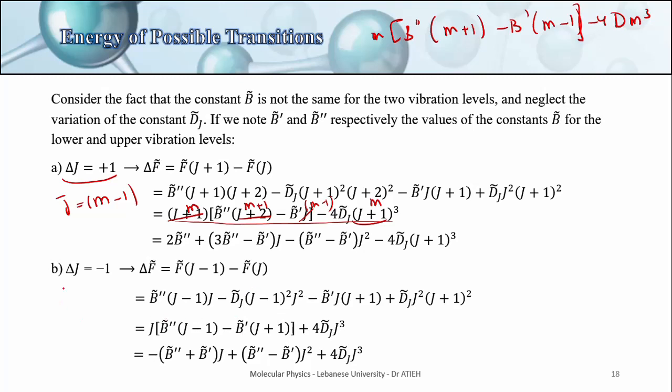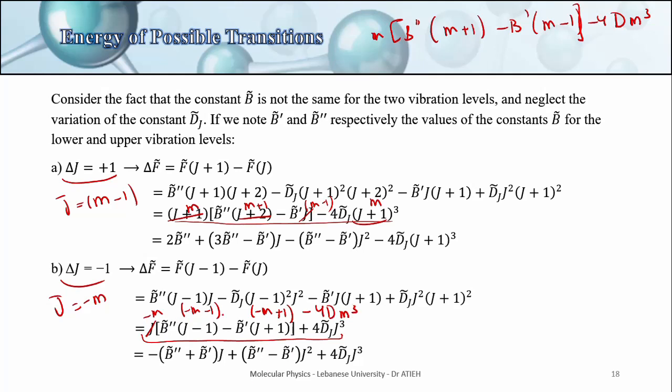Now let's replace, in the case of delta J equals minus 1, instead of J, I'm going to replace minus M in this formula here. So we will get here minus M, here minus M minus 1, here we have minus M plus 1, and here we have minus M cubed, it's minus 4D M cubed.